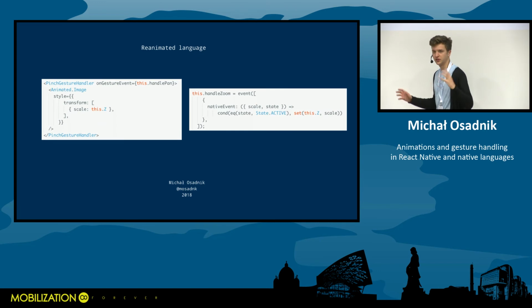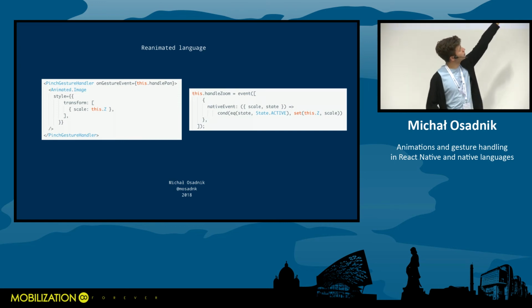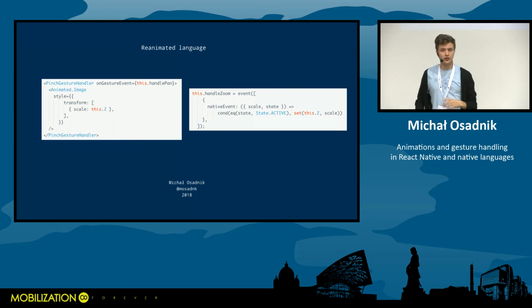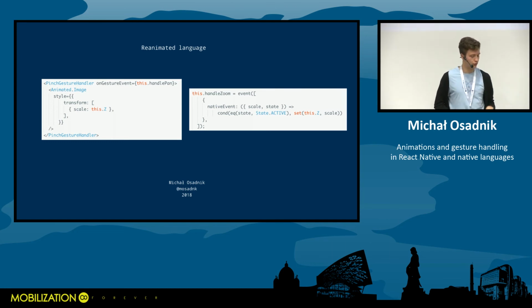And now some gesture handler and reanimated connection. If you see, we have only the pinch method, which is connected to some image, and this logic means that we can interpret this event and attach it to the view. And yes, it's still done fully natively without any JavaScript evaluation.